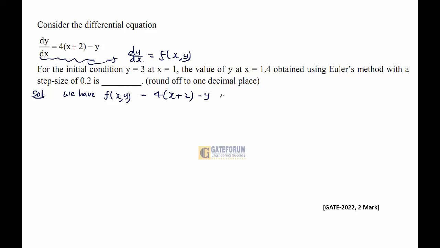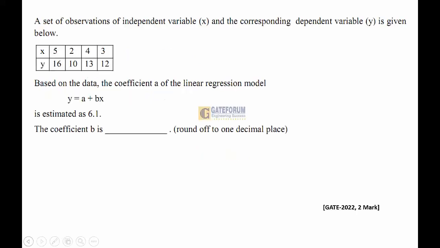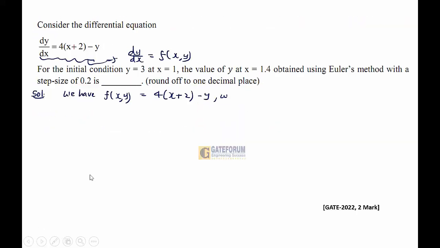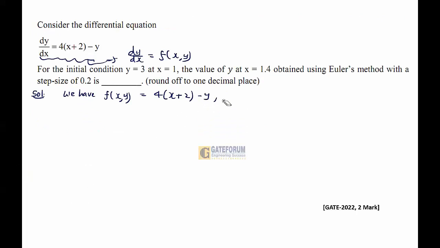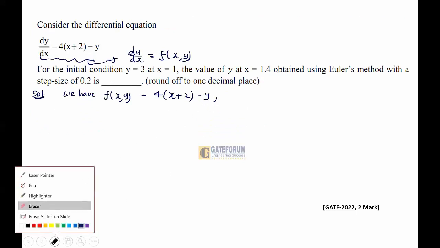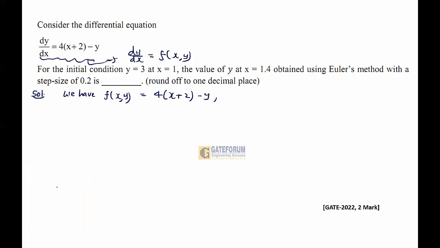with initial condition y is equal to 3, x is equal to 1. Initial condition is usually denoted by x naught, y naught, that is here y naught value 3, x naught value 1, and step size is usually denoted by h is equal to 0.2.